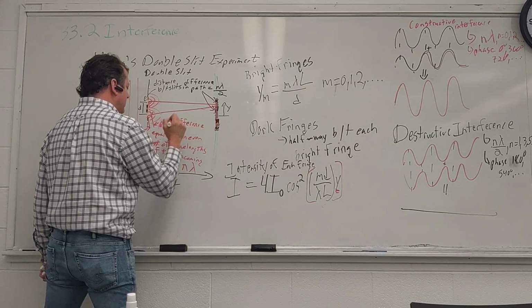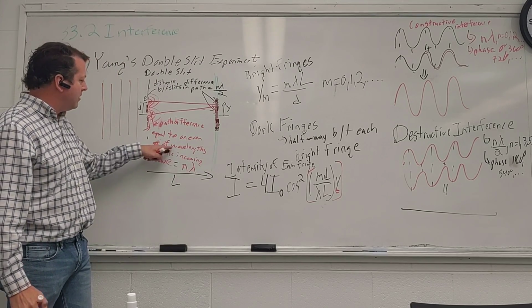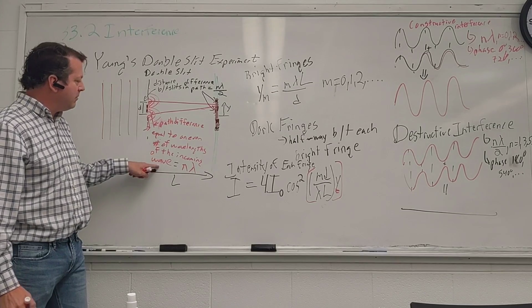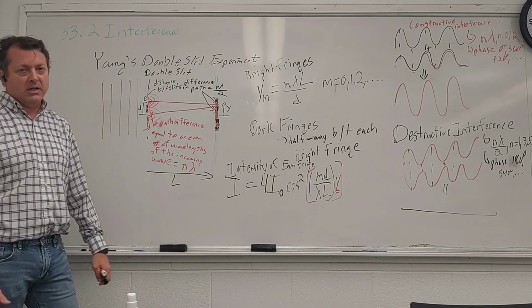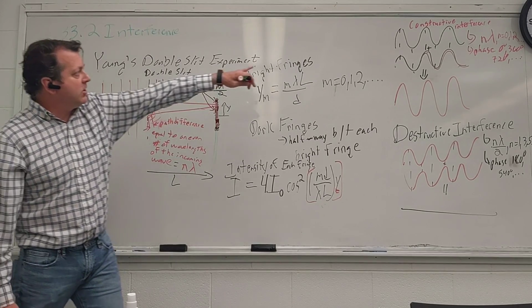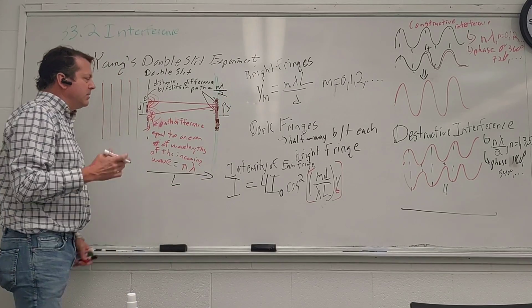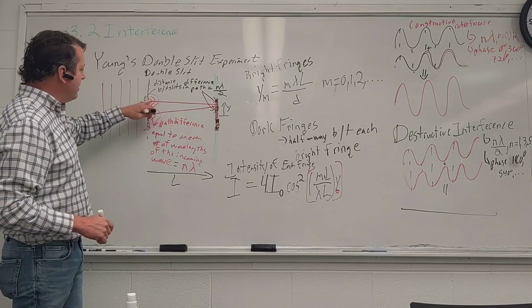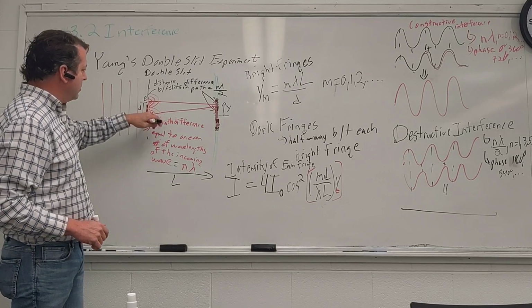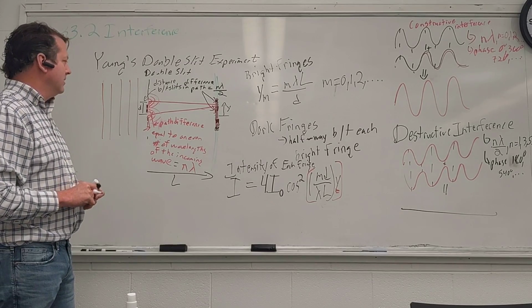This path difference is going to be equal to a whole number of wavelengths of the incoming wave for a bright fringe. I said m lambda, because that's what you've got to have for constructive interference. Now this is the first one away from the zero. How many wavelengths is that? The first one away would have to be one wavelength. So this gap here would be one wavelength of light.